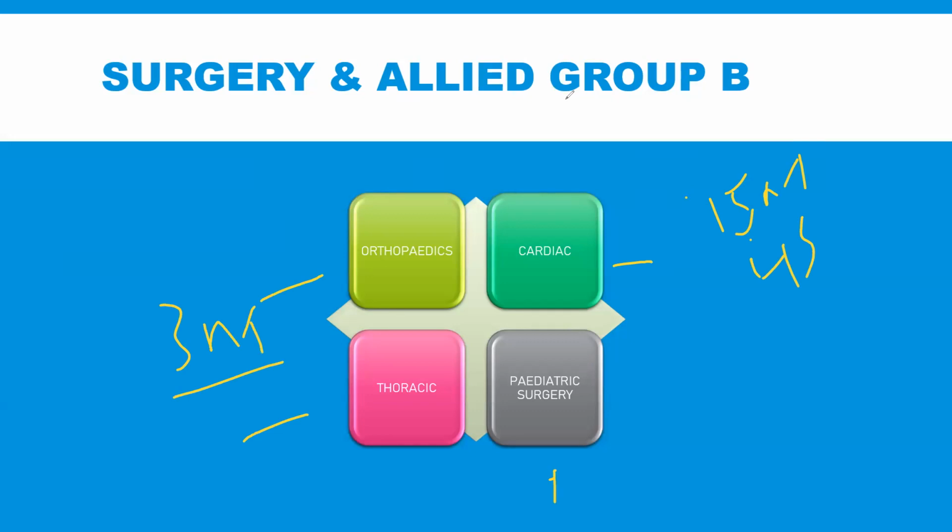So here what people usually do is apply for cardiac surgery in this group, which has a low merit, and thoracic surgery also has a low merit. So people join thoracic surgery or cardiac surgery, and after 2 years of their initial training, they switch their specialty. They go for orthopedic surgery or pediatric surgery. Because merits for these two specialties are slightly higher, they opt for this initially, and later on they shift into one of these two specialties.